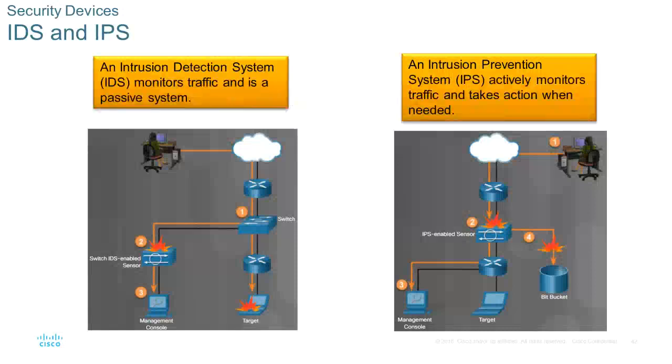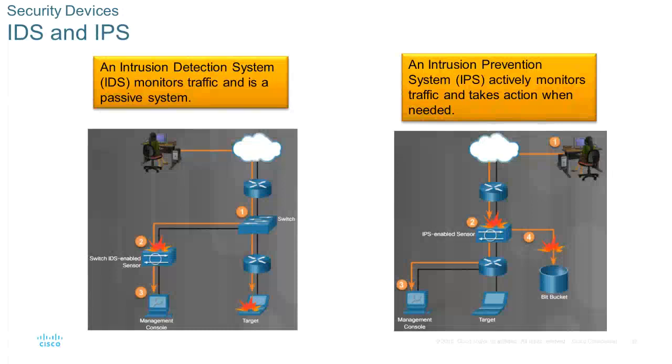It looks for patterns in traffic that it checks against a big database of patterns, and if it sees a match, it'll send an alarm off to the management console saying, I think there's something dodgy going on here. I want you to check it out. It won't take any corrective action against what it detects.